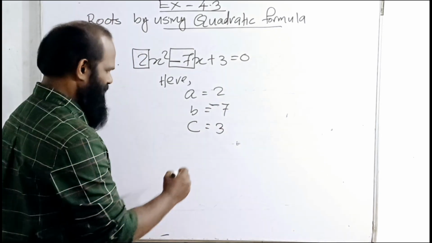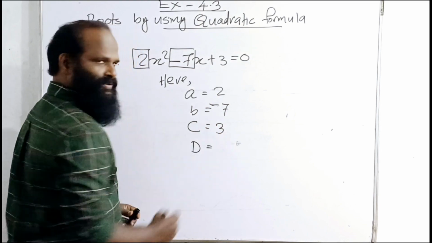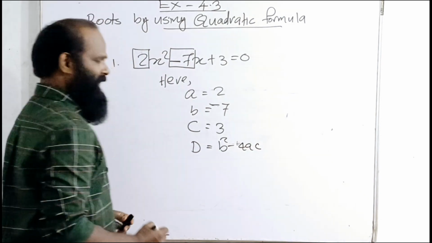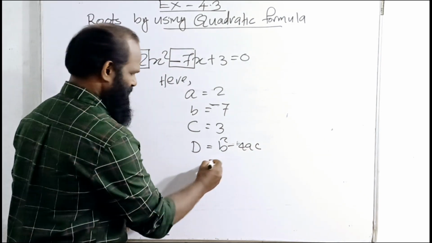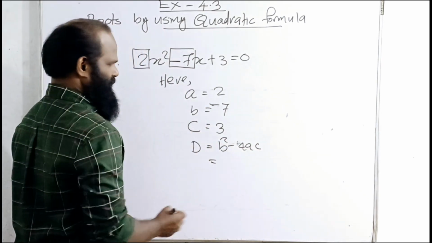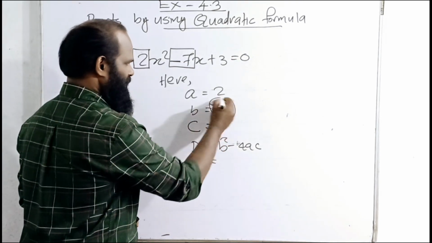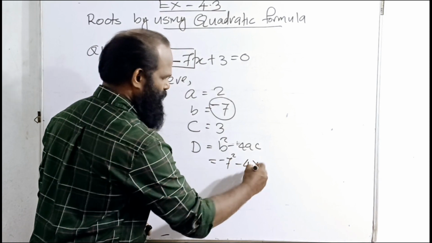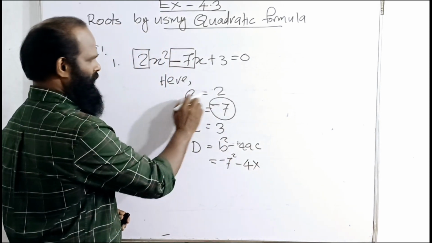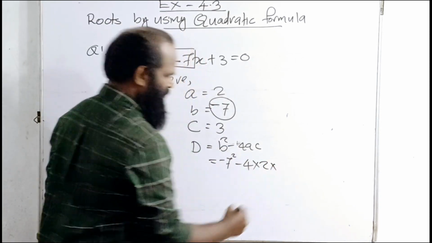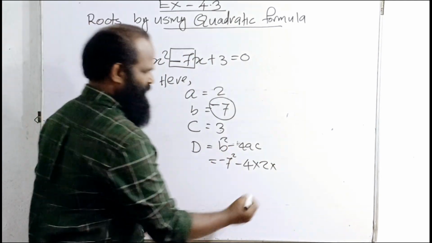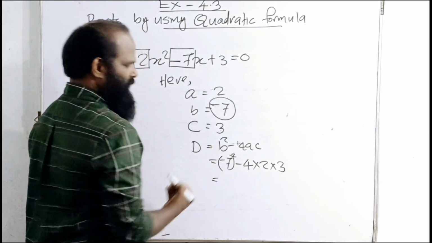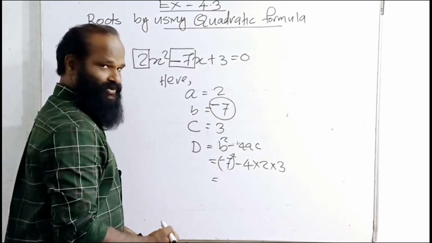Then you may write D. D is equal to b square minus 4ac, the discriminant. b square: this is b and its square. Minus 4 into a, 2, into c, 3. We know the square of a negative number is positive.